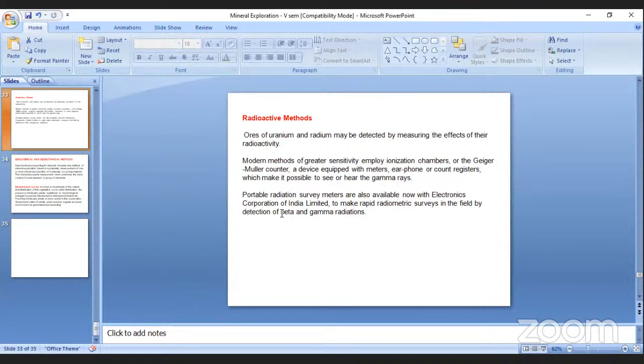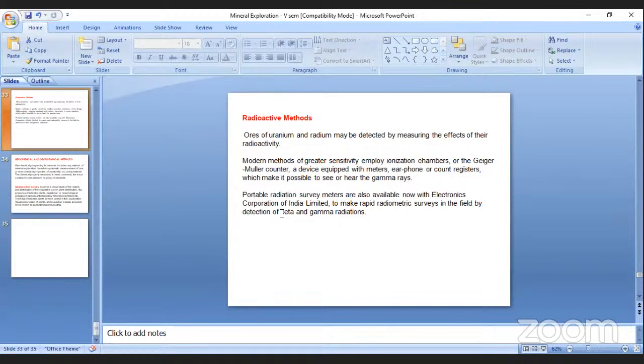Based on our physical observations like geological features, alteration zones, fractures, and color variation in rock formations, if you put it on a rock formation, it absorbs only the gamma rays.